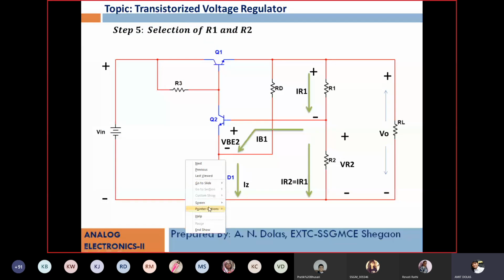Then the last step is selection of resistance R1 and R2. So R1 and R2 go into this loop where R1 and R2 are fed by output voltage V0, and we may have a small KVL in the loop of Zener, VB of Q2 and resistance R2.